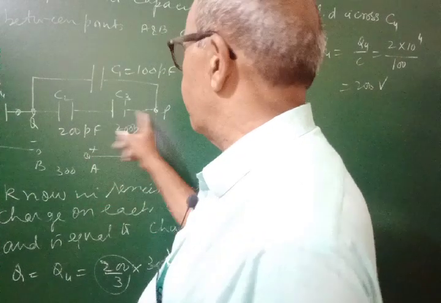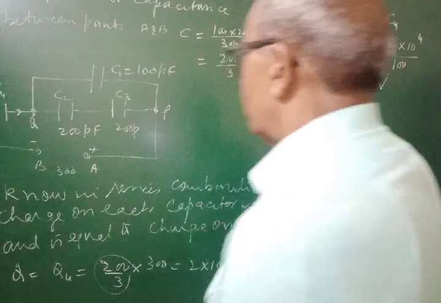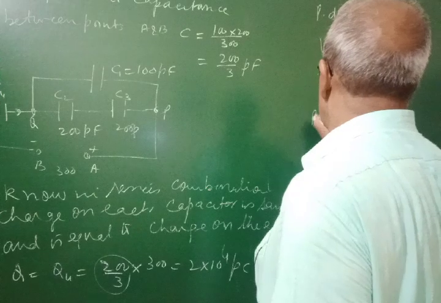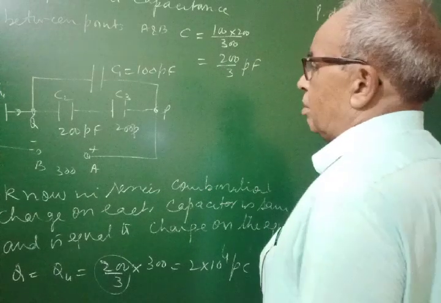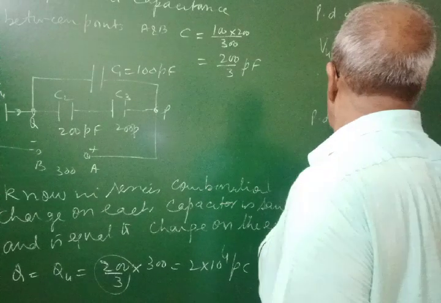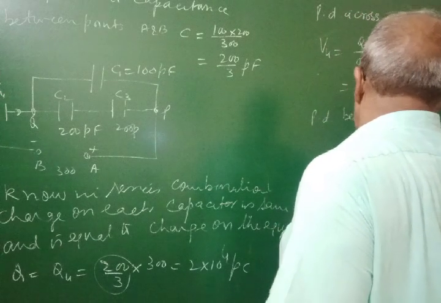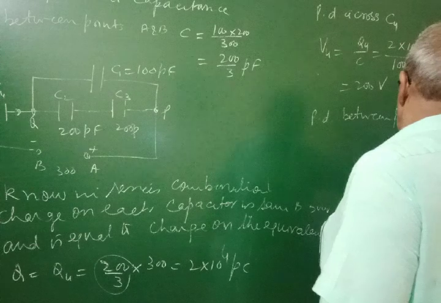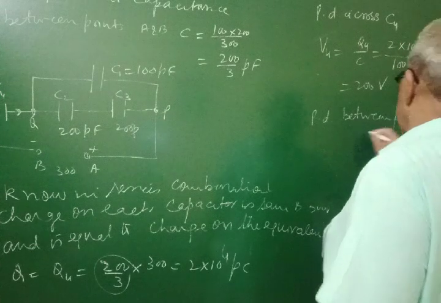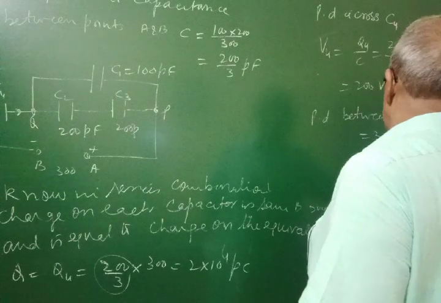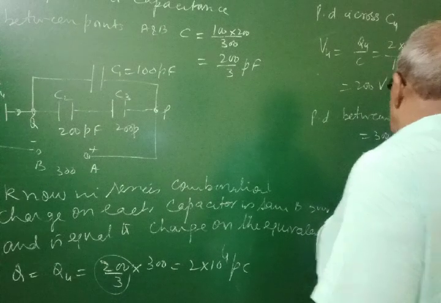If this is plus, then the potential difference between points P and Q is equal to 300 minus 200 equal to 100 volt.